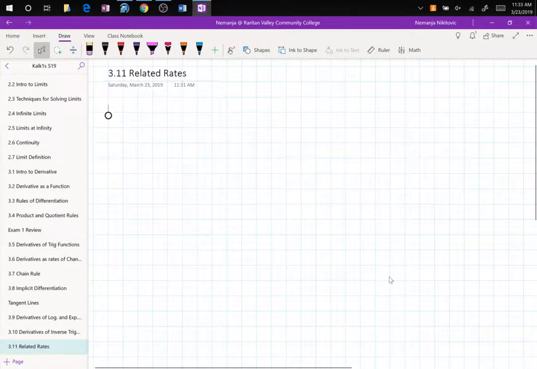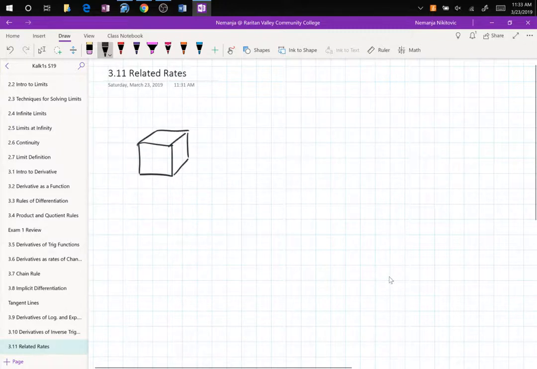So related rates means you are going to end up with a formula which has multiple derivatives. Now, these derivatives are usually all with respect to time, because the change in the world around us happens in time. So I'm going to give this example of a melting ice cube.